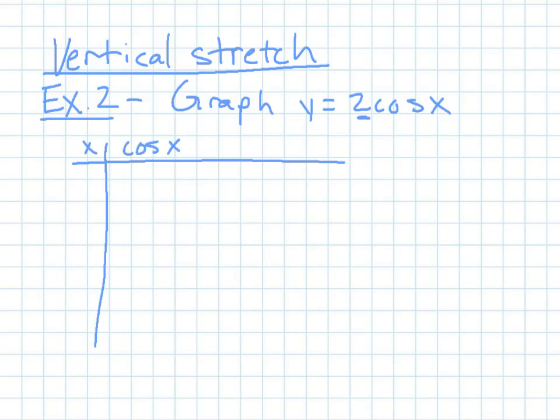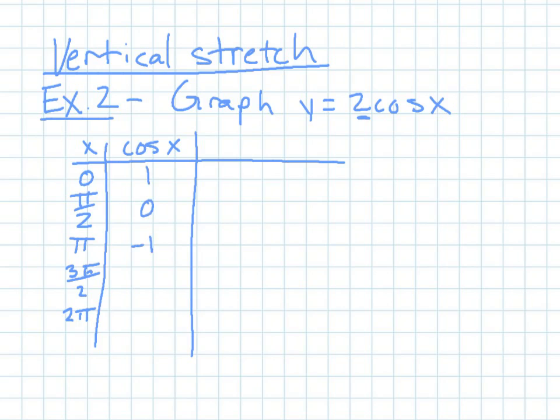So here, 0, pi over 2, pi, 3 pi over 2, and 2 pi. If I find my values for cosine, the values would be 1, 0, -1, 0, and 1 again. Now if I multiply by 2, 1 times 2 gets me 2, 0 times 2 is 0, -1 times 2 is -2, 0 times 2 is 0, and 1 times 2 is 2.